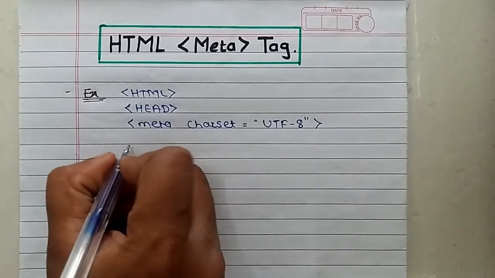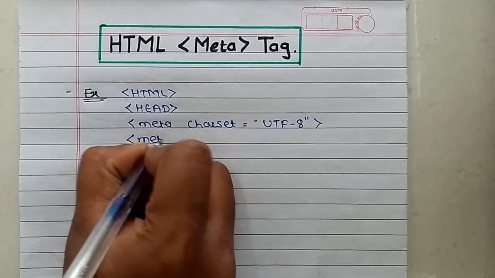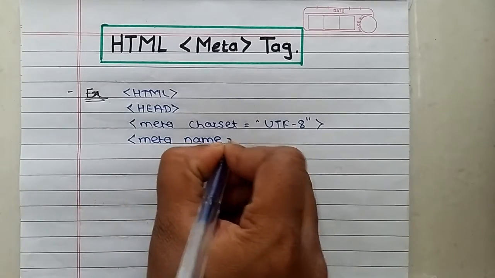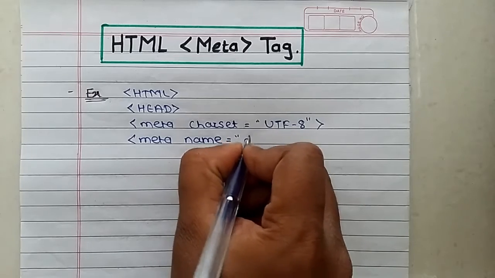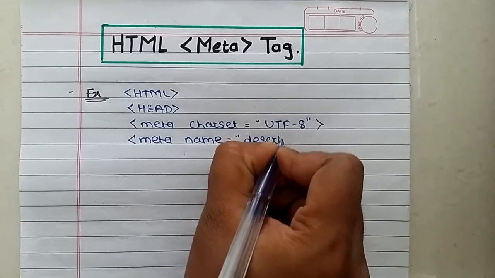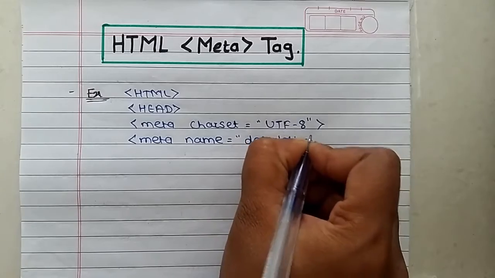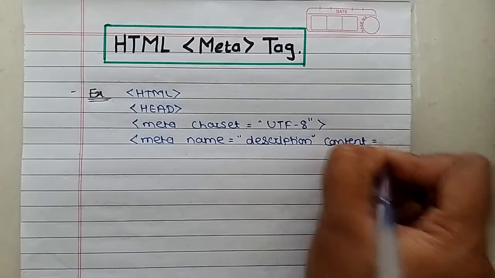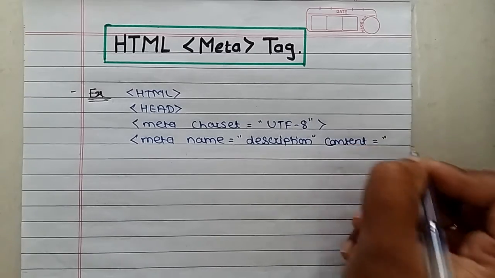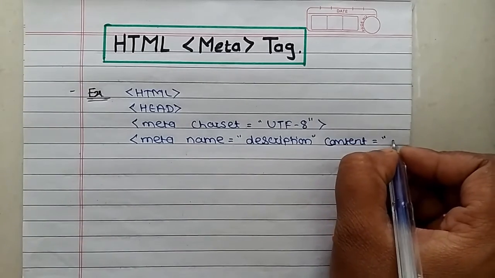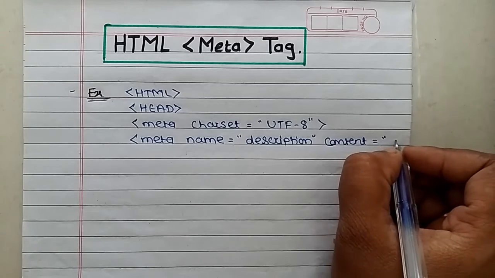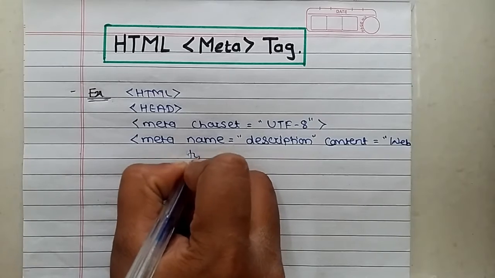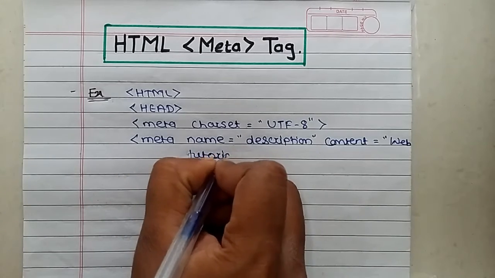Okay, next meta name is equal to description, content is equal to Web tutorials.